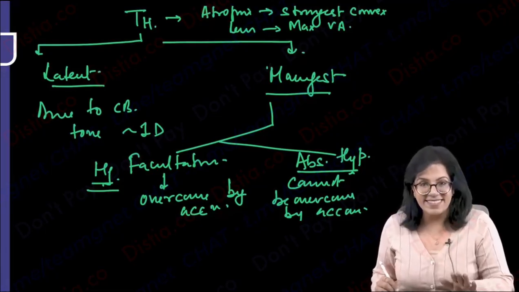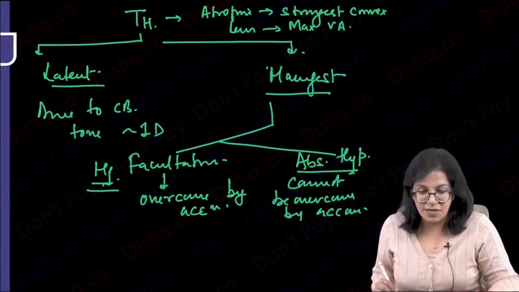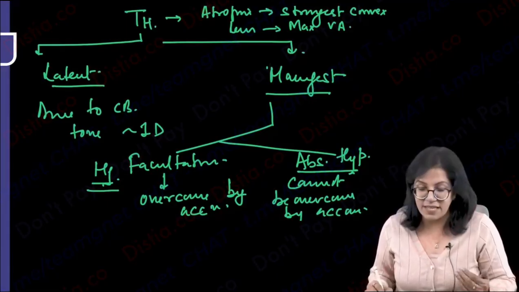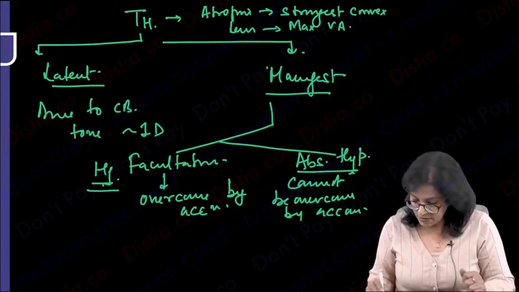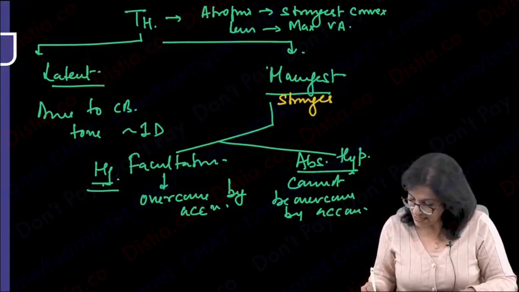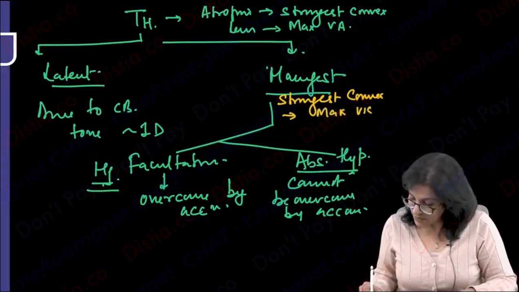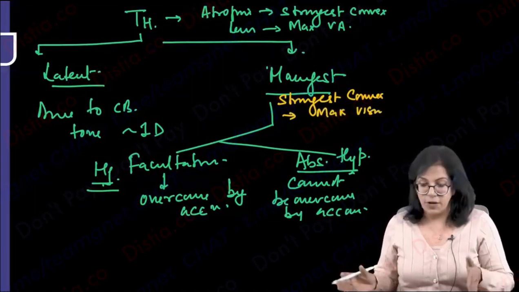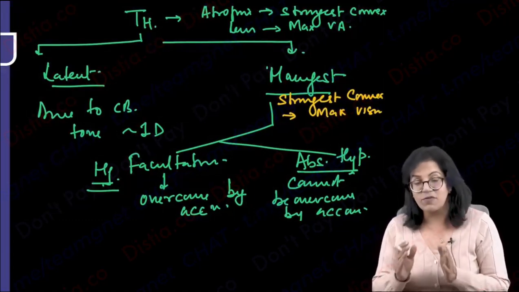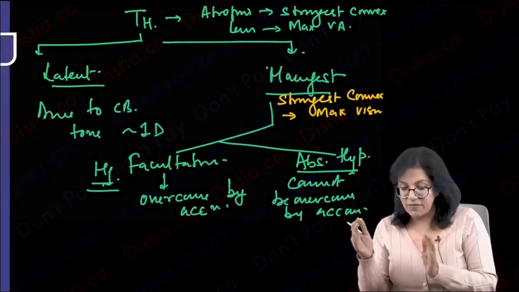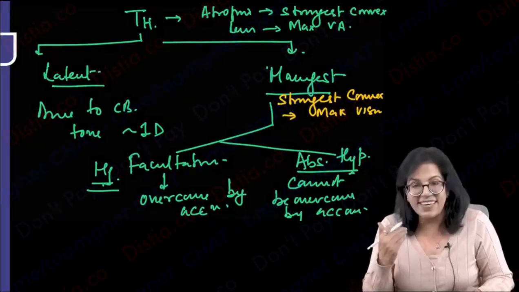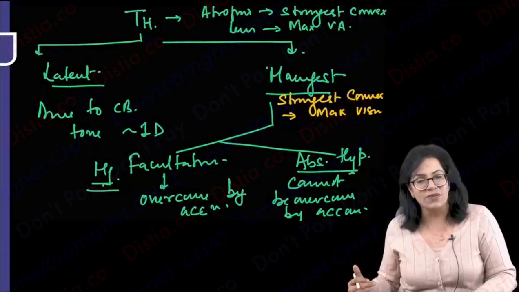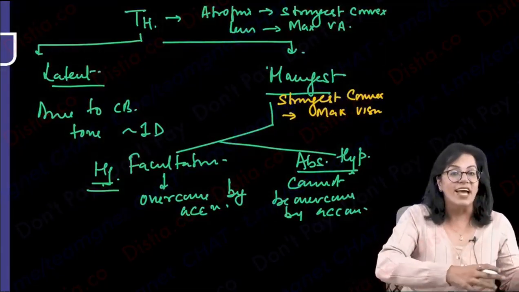And without atropine, that means you are not disturbing the ciliary body tone, and then you find the strongest convex lens giving maximum vision. This will be your manifest. Now in that manifest, if you have to find out what is facultative and what is absolute: for absolute, you just take the weakest convex lens which is giving the maximum vision. The rest can be taken care of by accommodation.